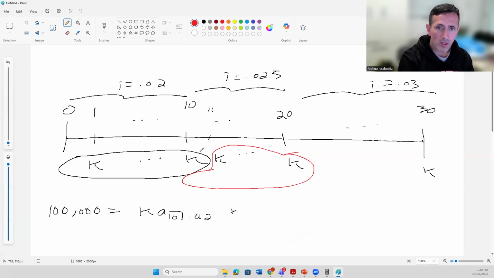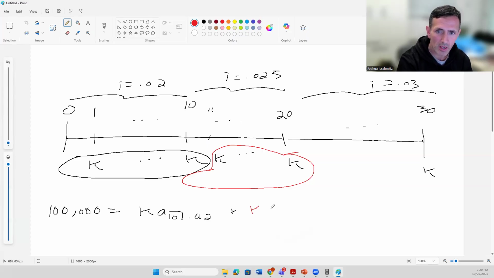All right, so as usual, the present value gives me the present value at the beginning of the first payment period. The first payment period here is 10 to 11, so this K occurs at the end of the first payment period. So we have to discount by 10 years.